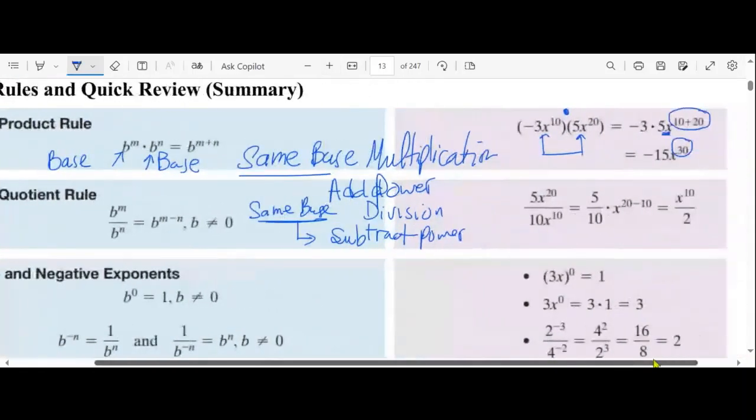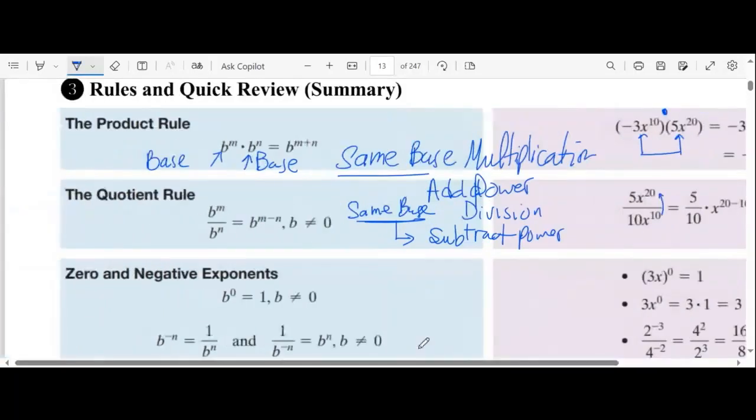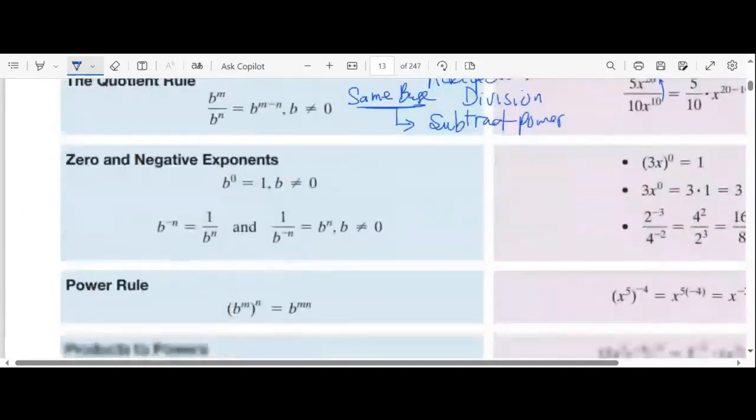Same base. So in this case, I will say x, and the small one goes from the big one. So it's going to be 20 minus 10. Okay, and you can simplify 5 and 10, you get 2. Is this clear? Now, any number to the power of 0, any number to the power of 0 is how much?